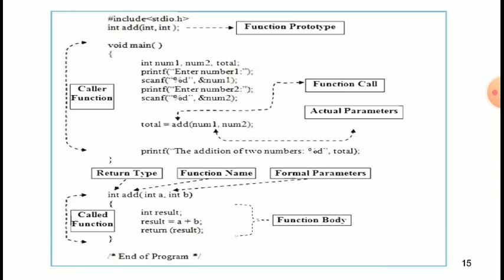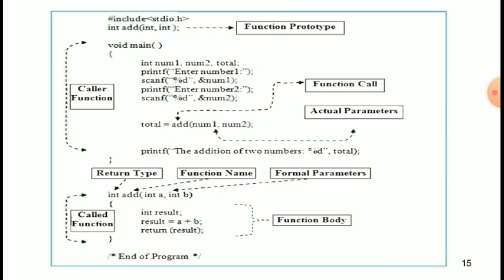So that is the caller function call: total equals add brackets number1, number2, which are the actual parameters. Printf the addition of two numbers %d, comma total, end of the curly brackets.